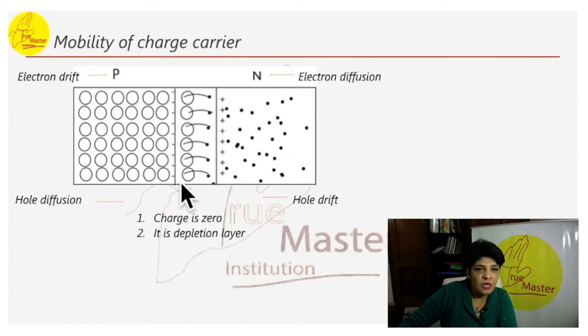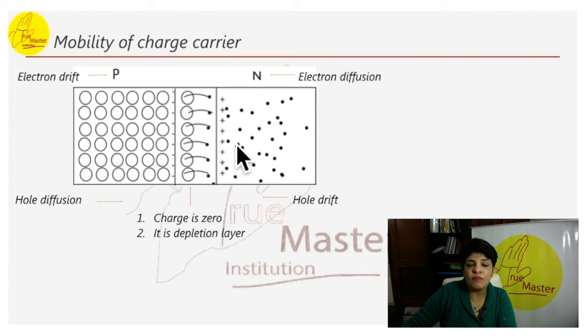The positive charge in the N region sets up a potential difference across the junction. This acts as a barrier. So this positive and negative acts as a barrier and it is called barrier potential. This center layer is also called the depletion layer. Positive and negative.